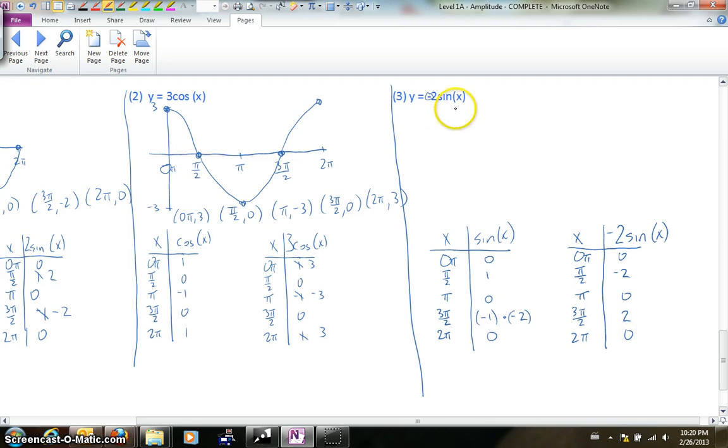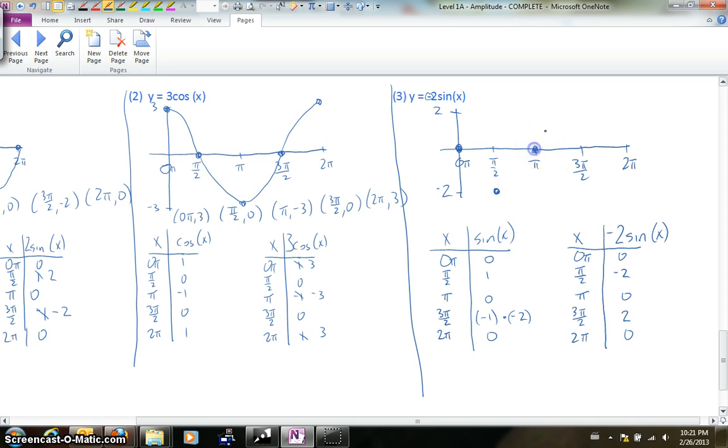That'll stay 0. So we'll create the axis and still have our same x's, pi over 2, pi, 3 pi over 2, and 2 pi, and we'll still stretch between 2 and negative 2, similar to an example we did above. But when we're at 0, we're still at 0, but instead of rising up like the other sine graphs have done, this one's actually going to be flipped over and it's going to go down to negative 2.